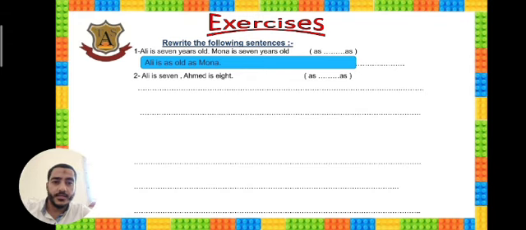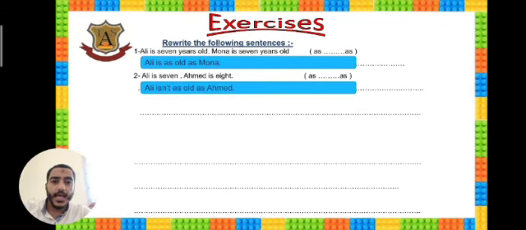Ahmed is 8. So it will be: Ali isn't as old as Ahmed. Why? Because Ahmed is older than Ali. Okay, if you have any question, feel free to ask me. Okay. 3.